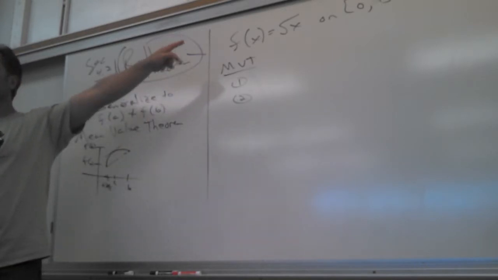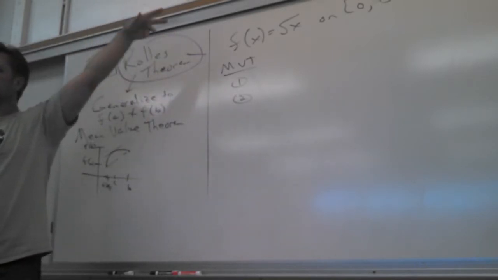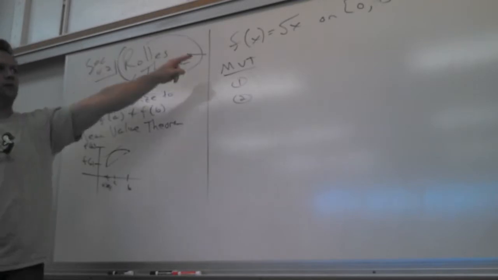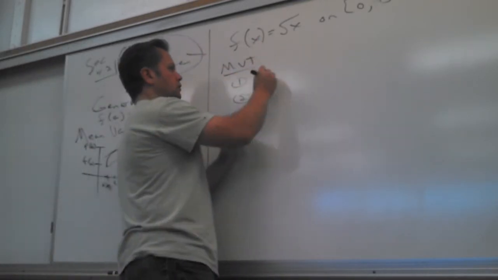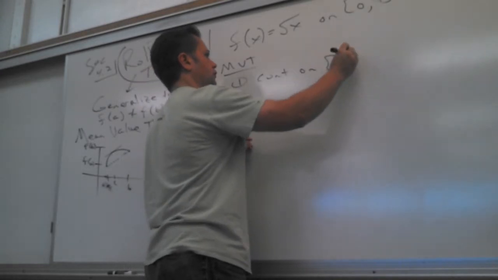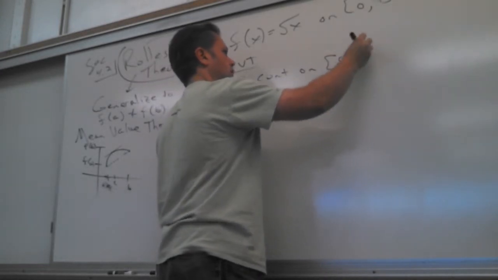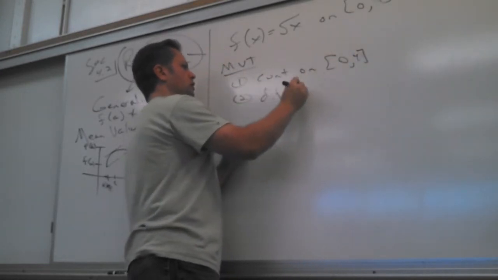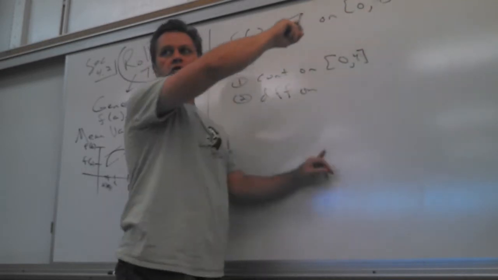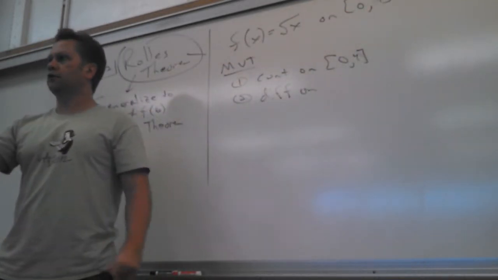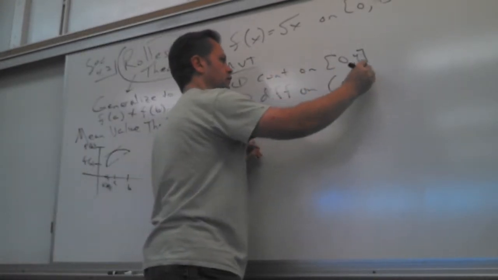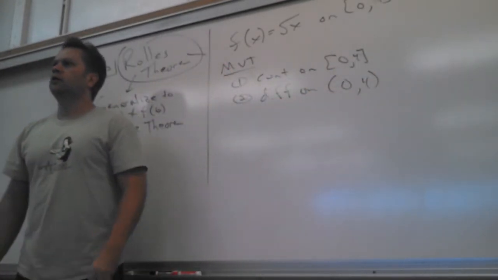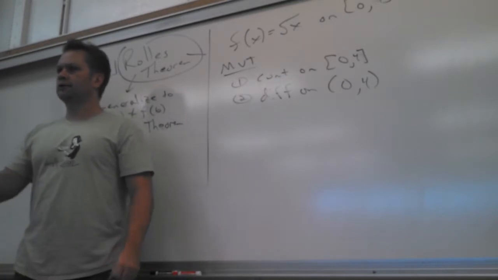This would be discontinuous, it doesn't exist in the negative domains. But this is fine, my interval is fine. And it's got to be continuous on 0, 4. And it's got to be differentiable. Now, where on this is it not differentiable? Actually, there's a point where it's not differentiable: 0. At 0, but thankfully it just requires that it's differentiable on the open interval. So it doesn't have to be differentiable right at 0.